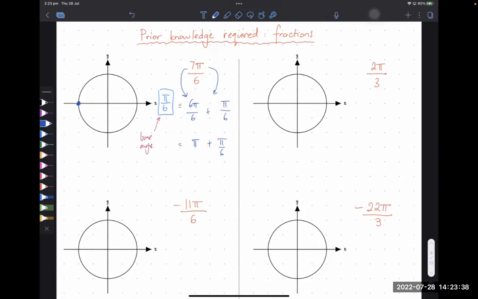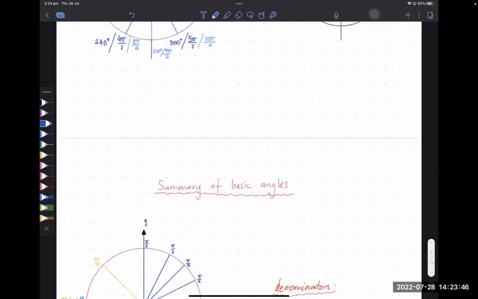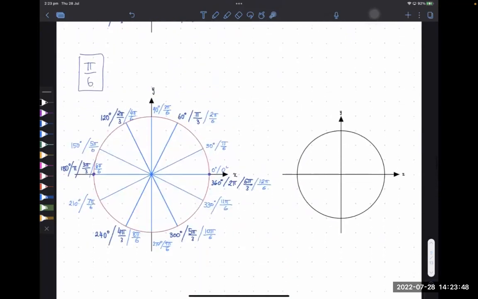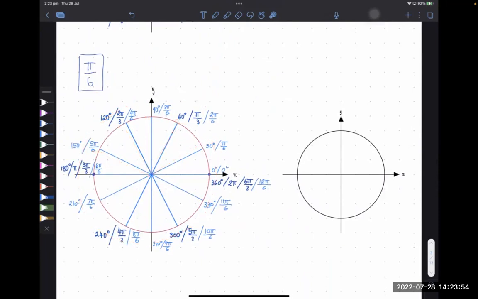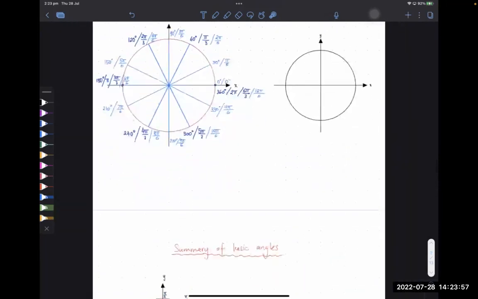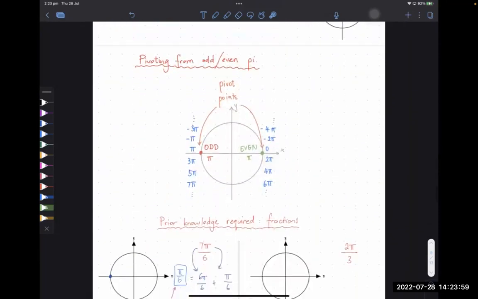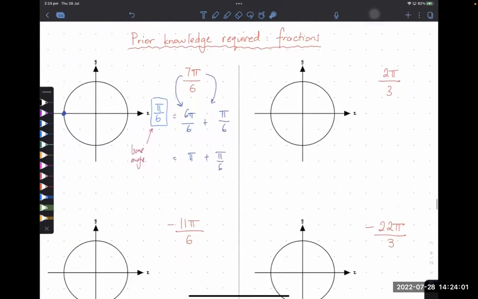Now, pi on 6, is that a big amount or is that a small amount? Small amount, because if you have a look back up here, if you're dividing it among more people, the slices are going to be smaller, just like a piece of pizza. The more people you're sharing it amongst, the smaller the slices will be.